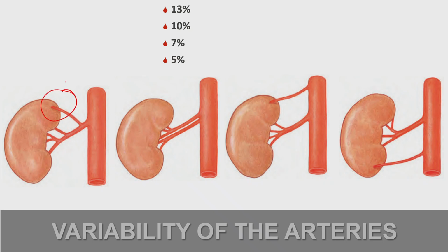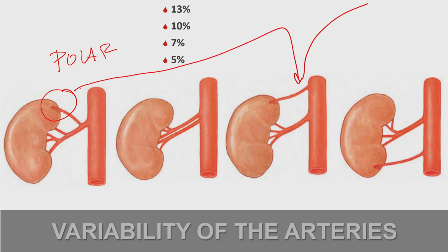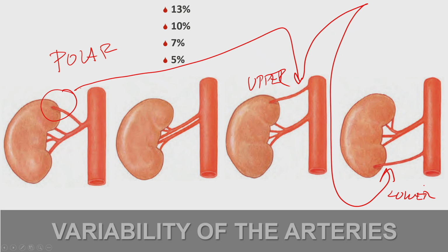The basic ones are polar arteries, here, here, and here, upper or lower, or we have doubling of arteries, triple, 4, 5, 6, or so, 6 arteries could enter the kidney.